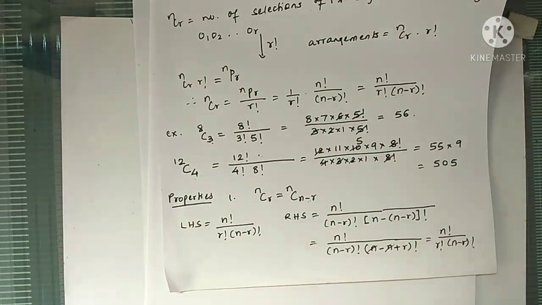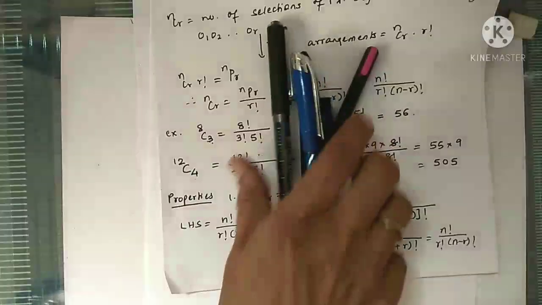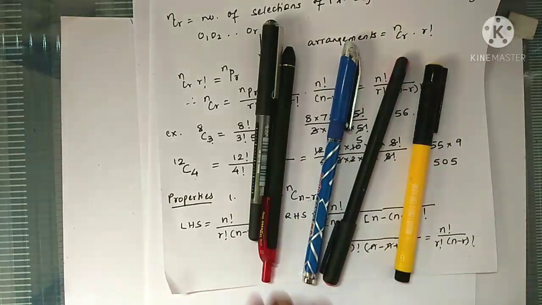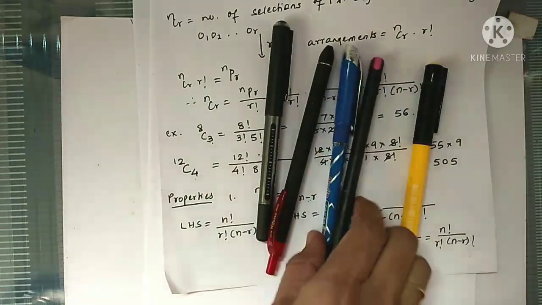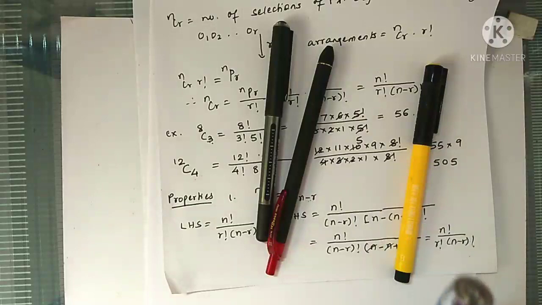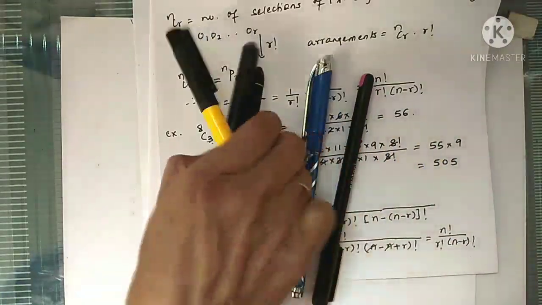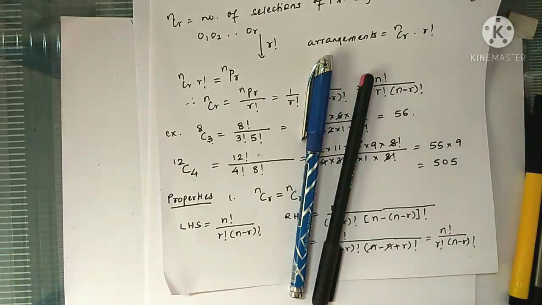Or you can see here that if I want to select, say these are 5 objects and I want to select 2 of them. For example, these 2 of them. So here I am selecting 2 objects. That means I am selecting 3 objects and I am putting them aside. So selecting 2 objects out of 5 is the same as selecting 3 objects out of 5.